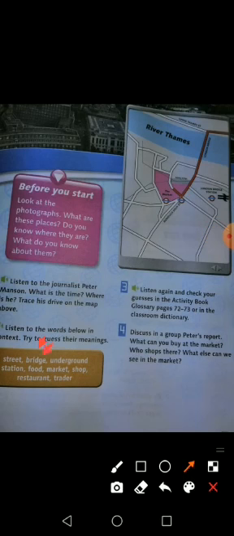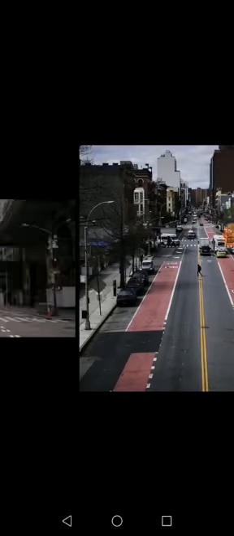Okay, here we have the word bridge. What does bridge mean? Can you predict the meaning of bridge? Bridge is a structure built over a river or a sea or a road that allows people or vehicles to cross over it.